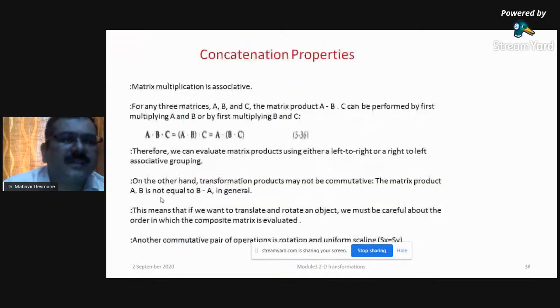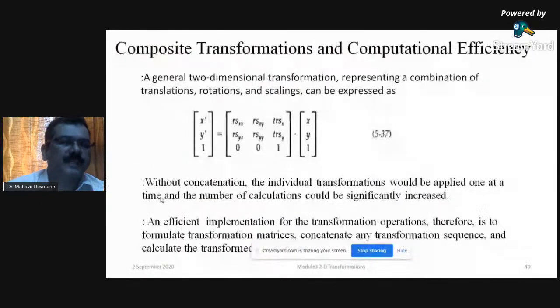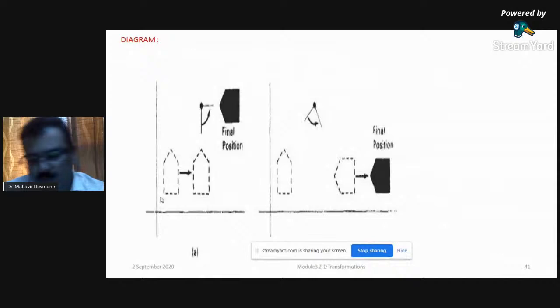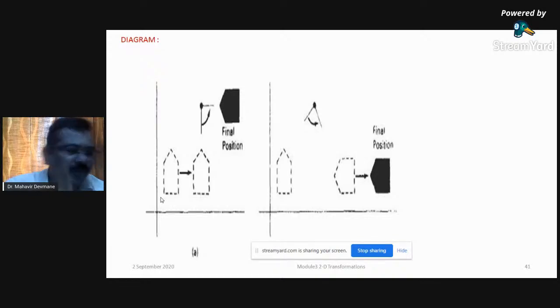Here is a point about concatenation properties. Concatenation properties means what will happen if you perform some operations one after another. If you are performing the same kind of operation one after another, then the output doesn't change whatever sequence you have followed.